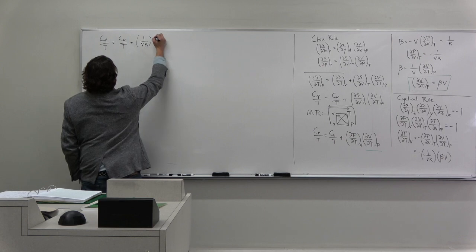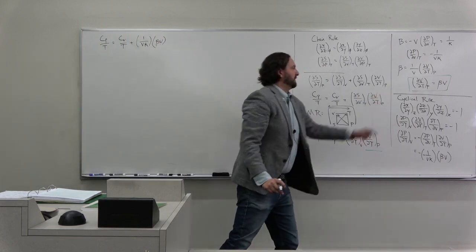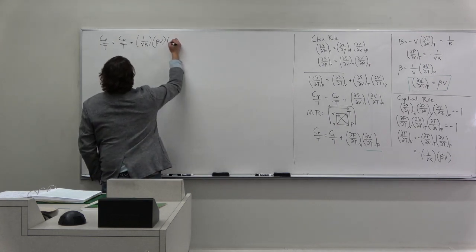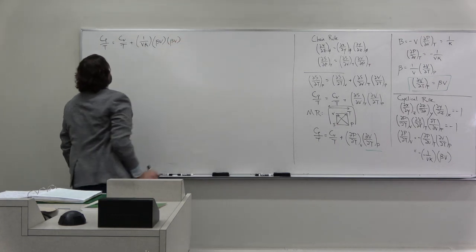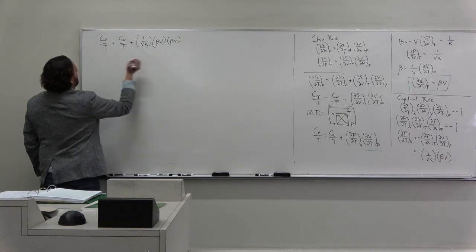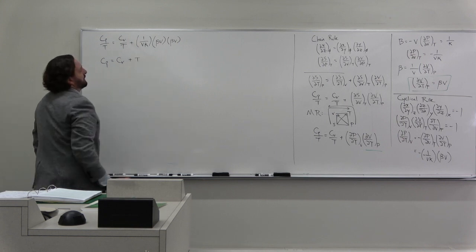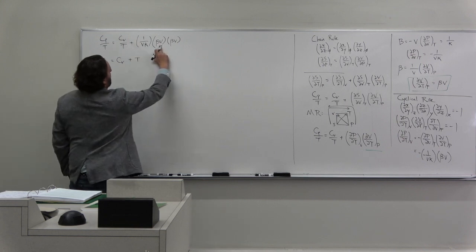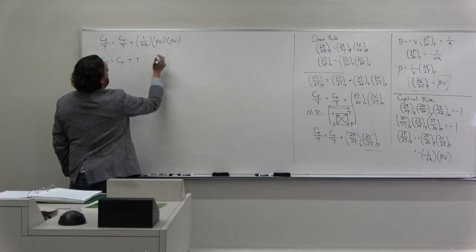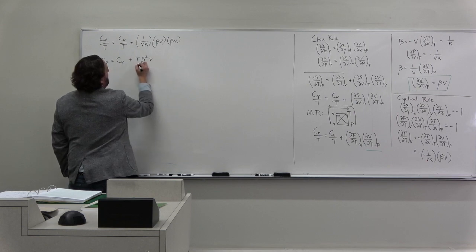That's beta V. And this one is beta V. Or Cp equals Cv plus T beta squared V squared, so the T beta squared V over kappa.